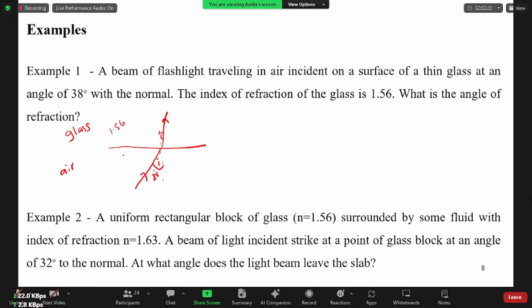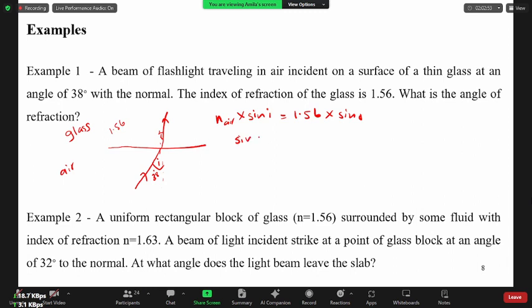So starting from the first medium, refractive index of air into sine I equals refractive index of glass, given 1.56, into sine R. In air, refractive index of air is 1.